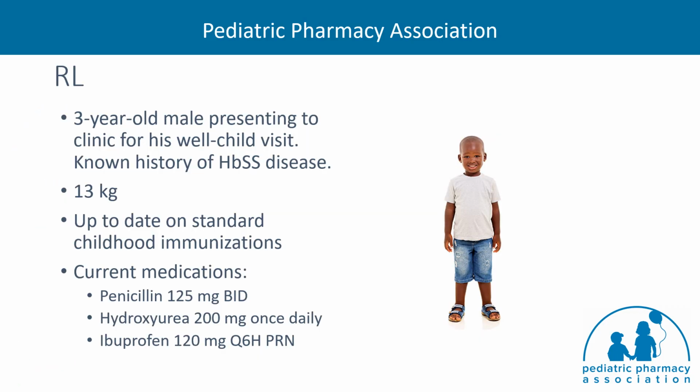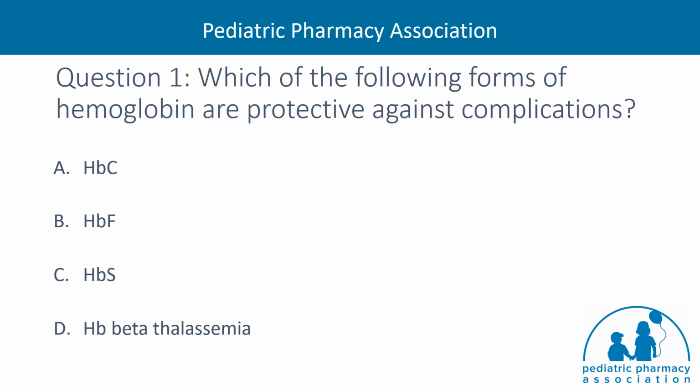So next we'll go back to our patient RL. He's our 3-year-old male who presents to clinic for his well-child visit, 13 kilos and up to date on standard childhood immunizations. His current medications are listed there for you. Our first question, which of the following forms of hemoglobin are protective against complications? Is it A, hemoglobin C, B, hemoglobin F, C, hemoglobin S, or D, hemoglobin beta thalassemia?